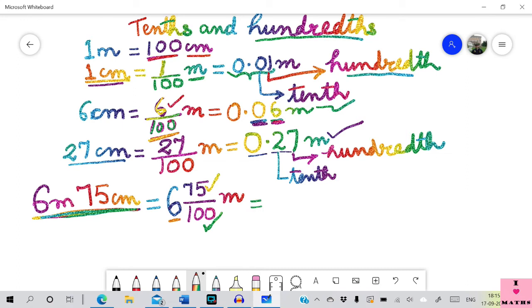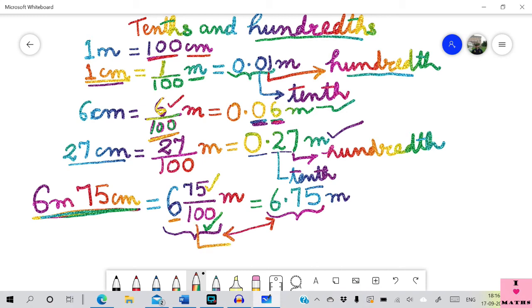So this is also written as 6.75 meter. Now this is a mixed fraction and this is a decimal. Both of them mean the same.